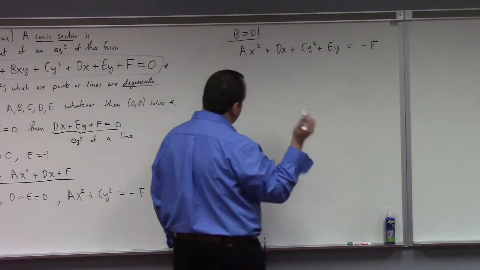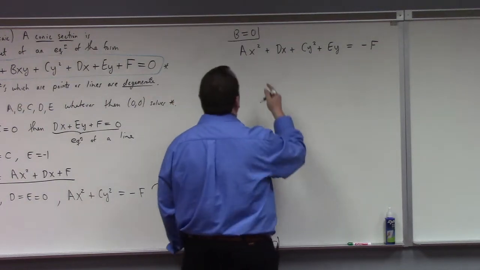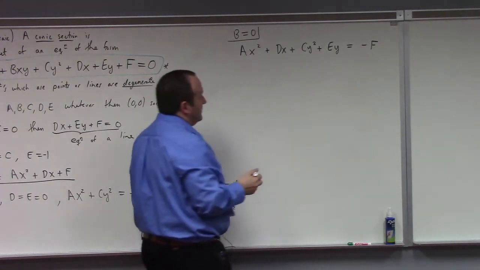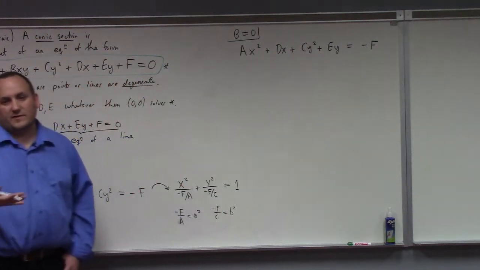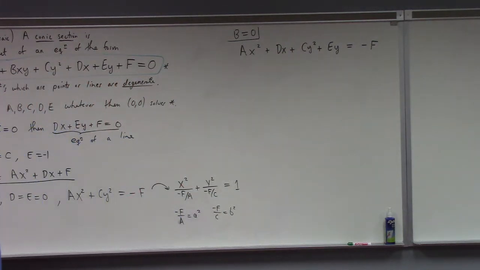Well, if some of these are 0, it could drop back to a parabola again, right?